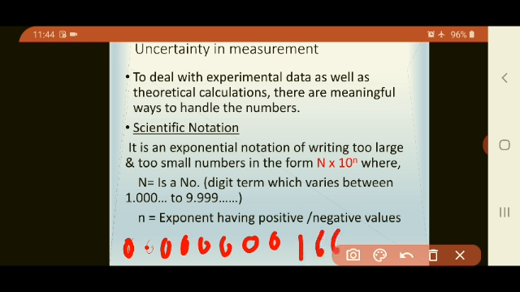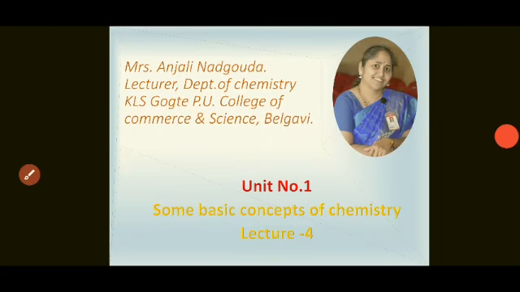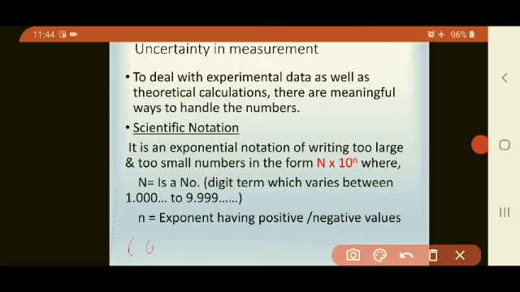Such numbers are written in the form N into 10 to the power n, where capital N is a number, also called the digit term, which varies between 1.0000 and 9.9999, which can be extended.